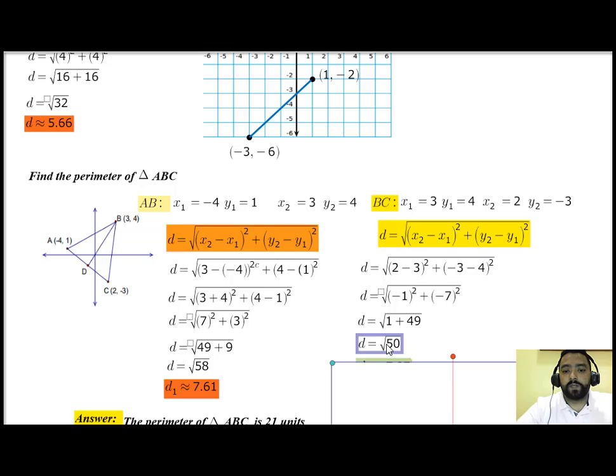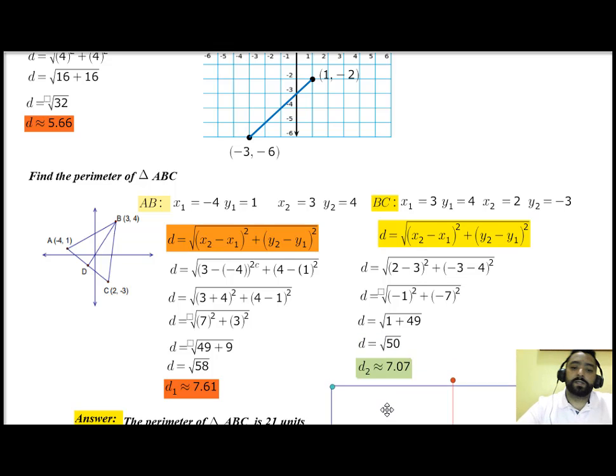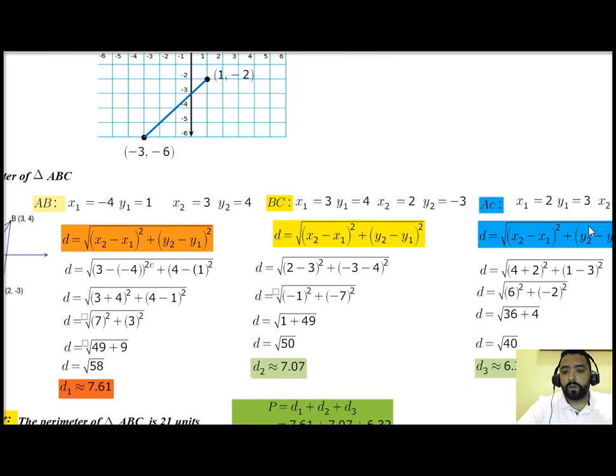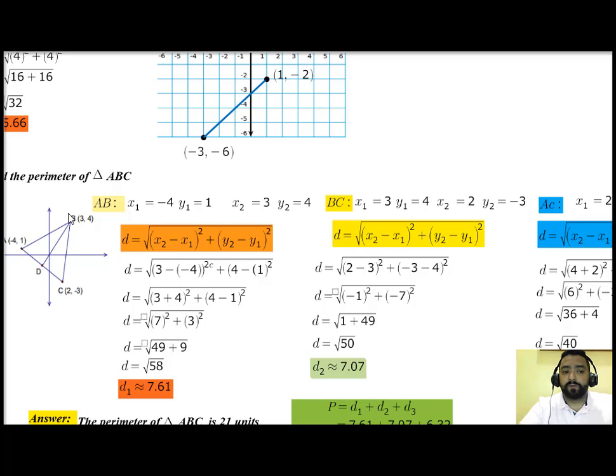Then you're going to have 50, and the square root of 50 is 7.07. Then you have to do the same procedure from C to A, and you're going to have this answer. When you finish the procedure, you're going to have 6.32. But this is not the answer because you have to find a perimeter.